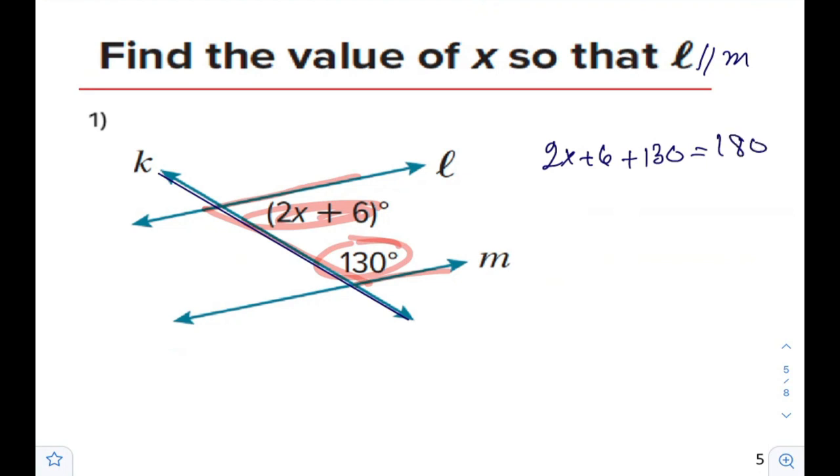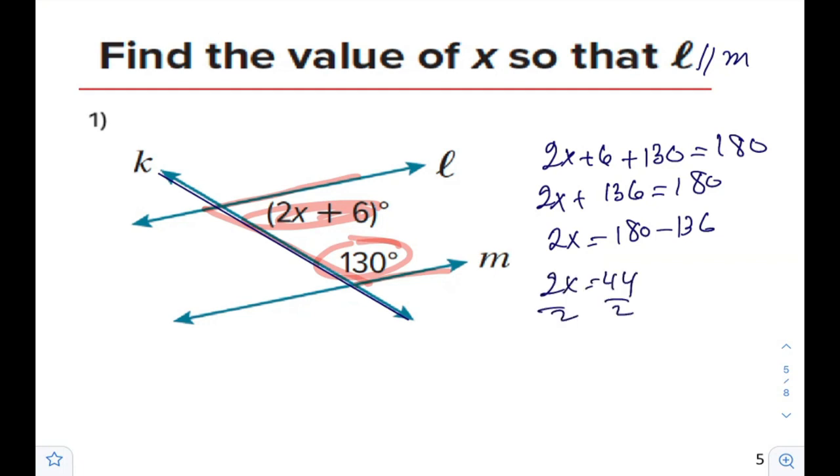So you will solve 2x plus 136 is 180. 2x is 180 minus 136. So 180 minus 136 is 44. Divide by 2. So x is 22. This is x, and this is the required value.